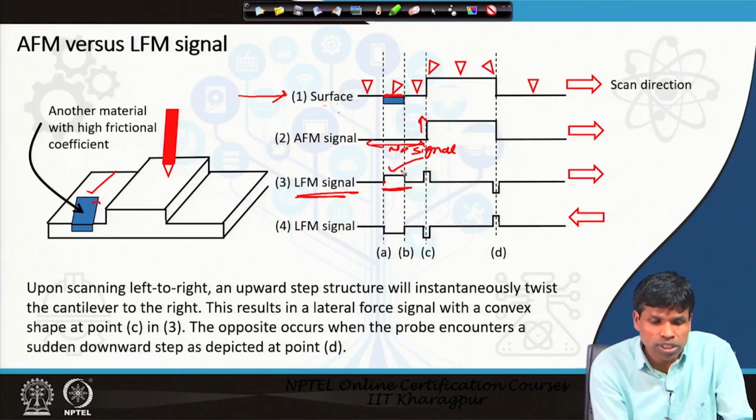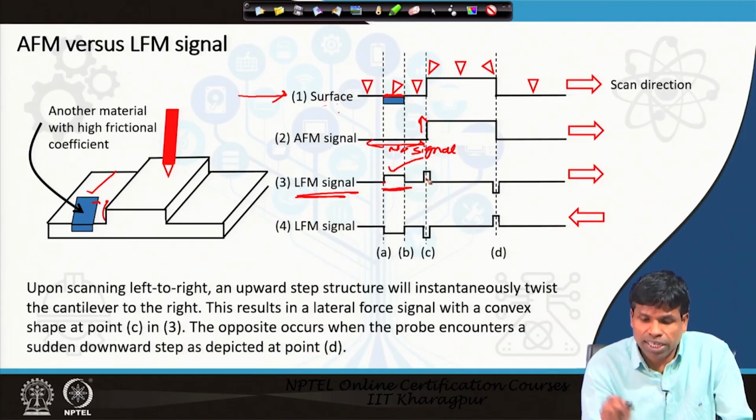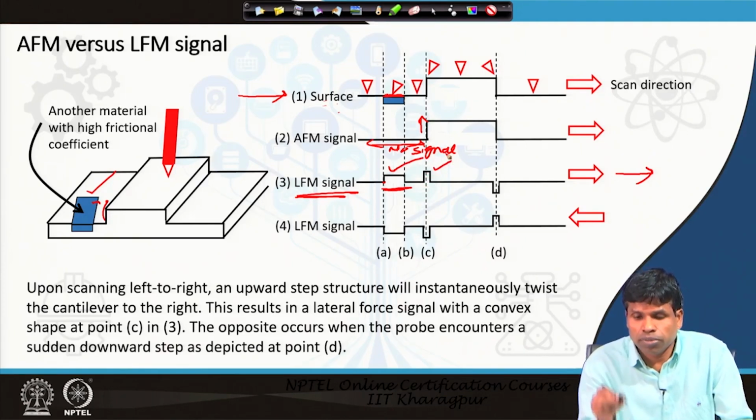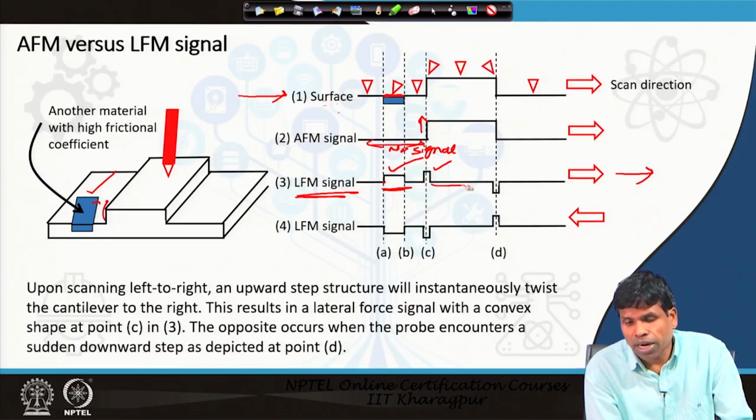Then what we see is an edge. When there is an edge in the upward direction, because the tip is moving and the scan direction is like this, that is a convex type of feature, meaning the tip is moving upward and then it becomes flat. If it is downward, the tip makes a downward movement, it is concave, then it goes flat.